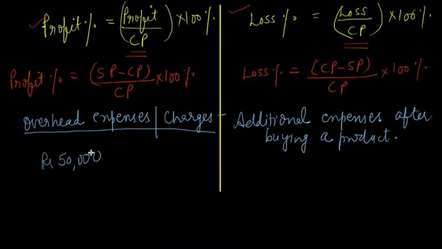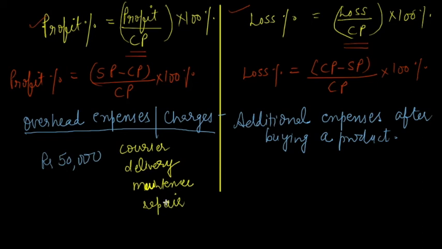So these extra charges can be of a variety, let's say courier charges, delivery charges, maintenance charges, repair charges. If you have taken a second-hand dining table, you can spend a certain amount on the repairing. Transportation charges, I just told you, and it can be labor charges.